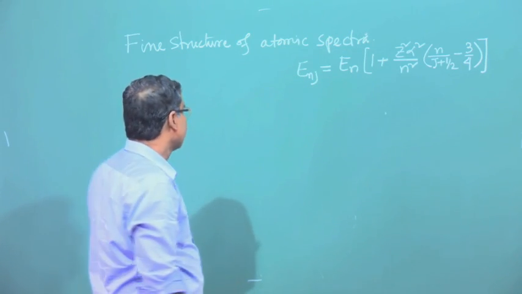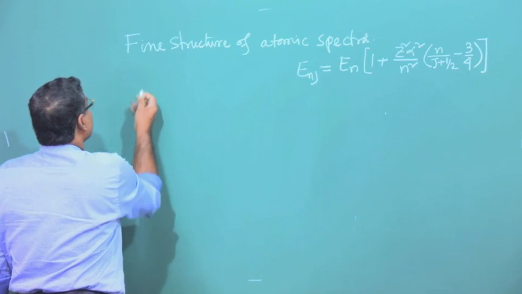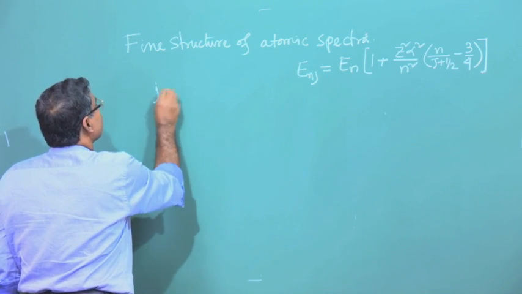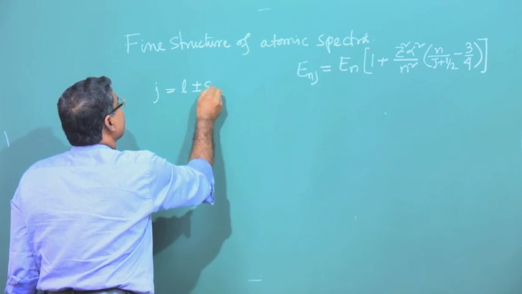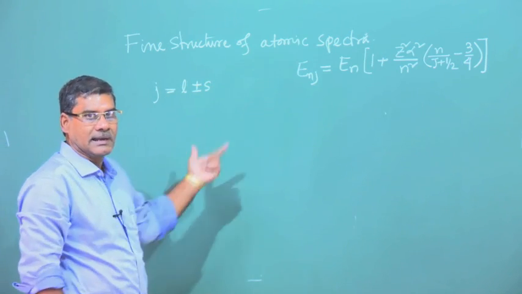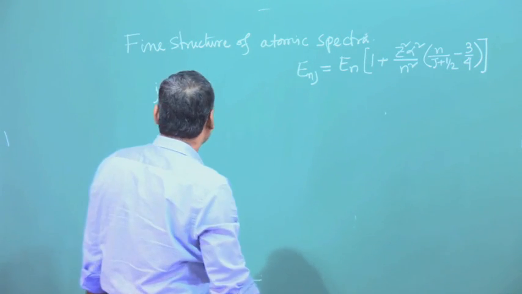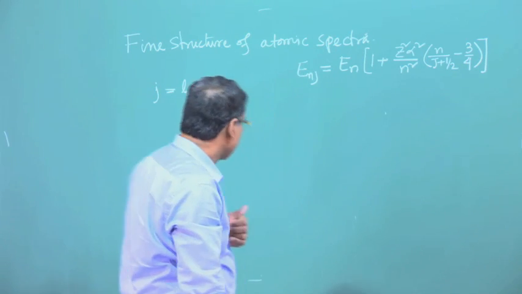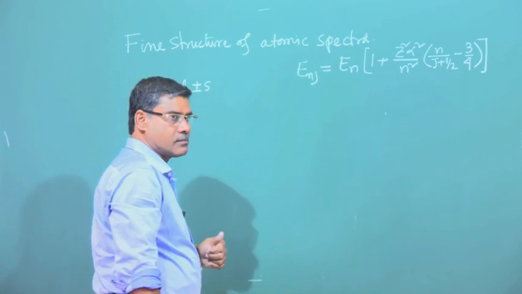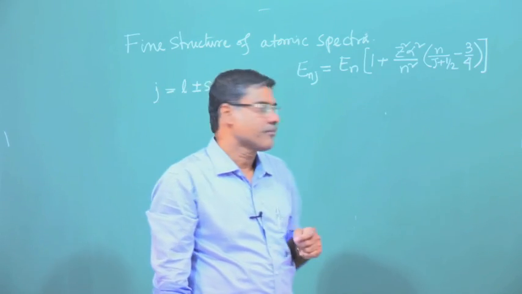And what is j? J is L plus minus S for a single electron system. One electron has L angular momentum and it has spin angular momentum.